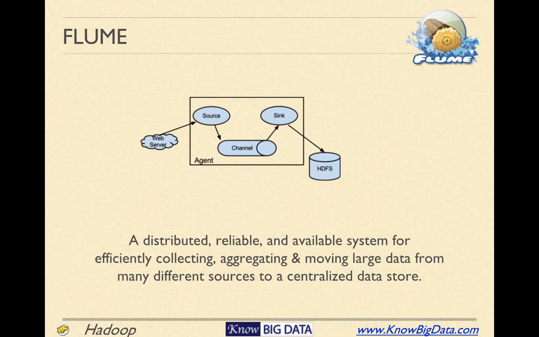Let me try to explain in plain, simple English with an example. Let's say you are running a website, and it's quite high traffic. So you have 4 to 5 web servers running in parallel and serving the same website. Some users go to the first one, some to the second one, and so on.